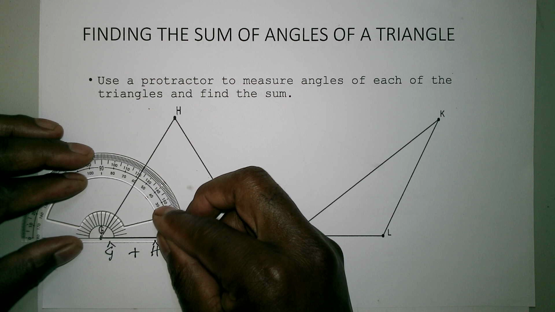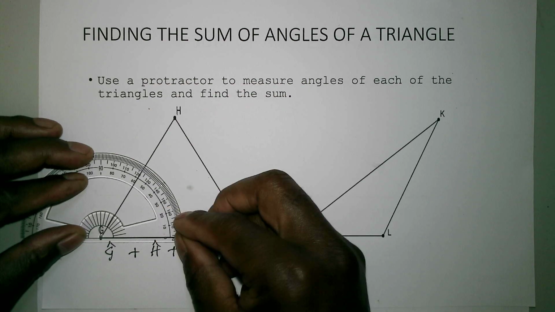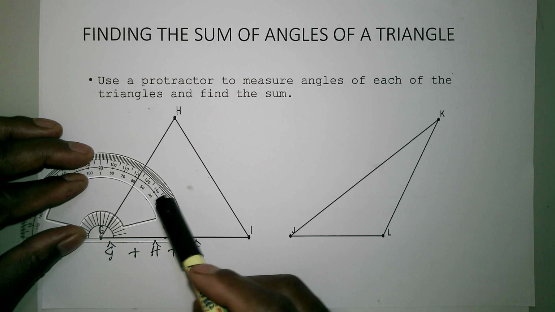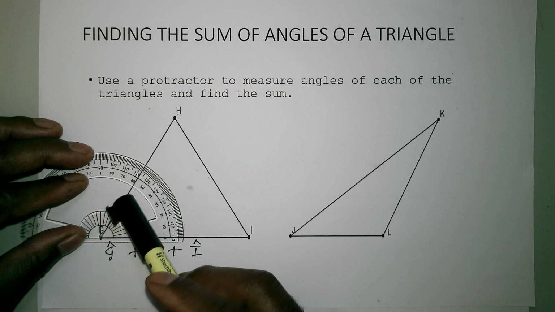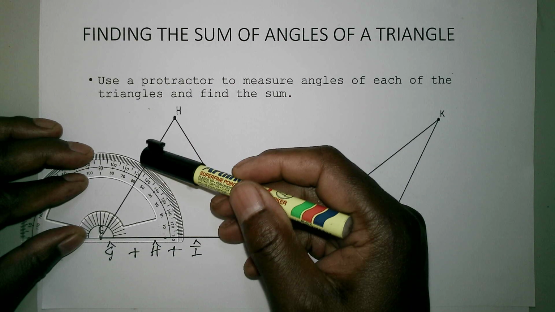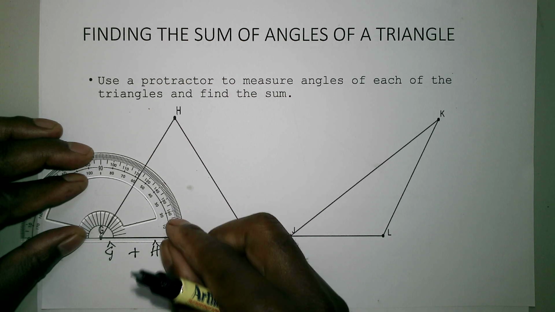For G we have 10, 20, 30, 40, 50. Before 50 there is that. Now it looks like 58.